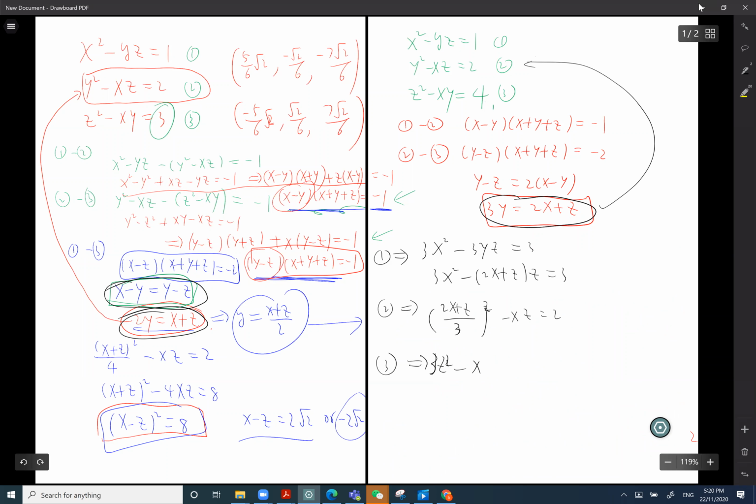We prefer 3y, so y times 3. 3y is just 2x plus z, equals 12. Now we got the 3 equations. It's kind of quadratics, just power 2. But there's no y, only x and z. Okay, check if you can continue. Practice some algebra.